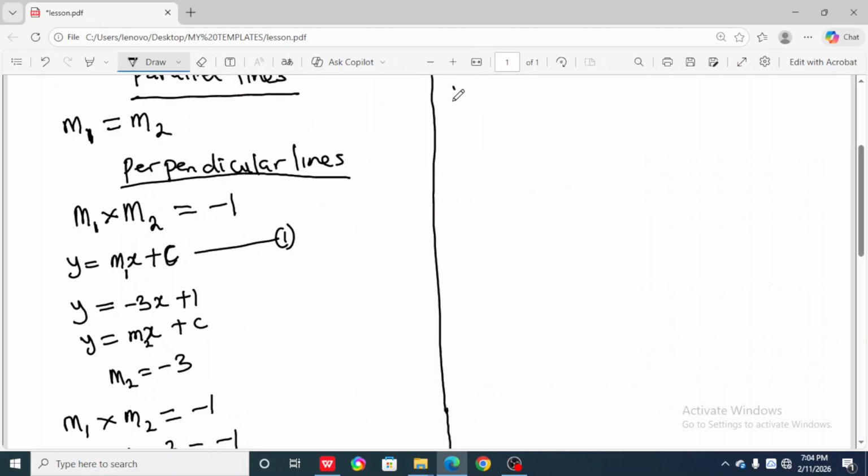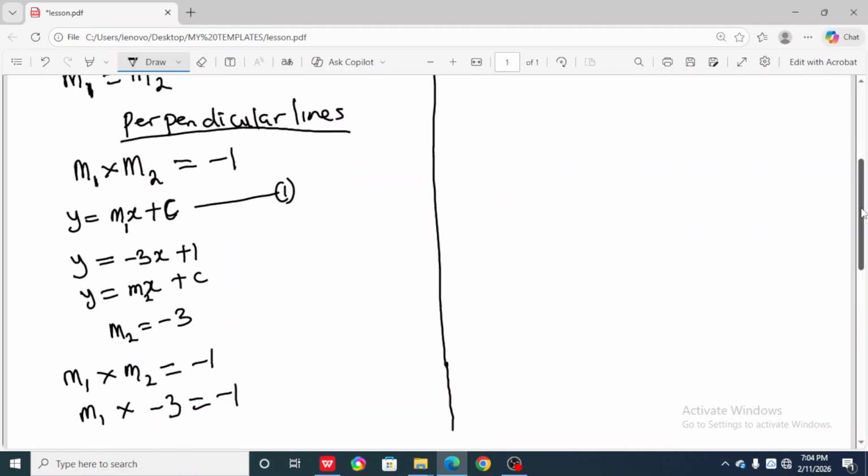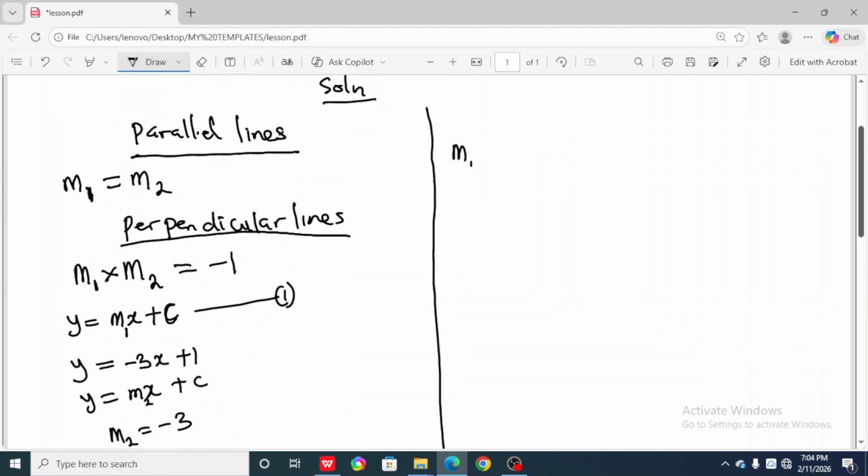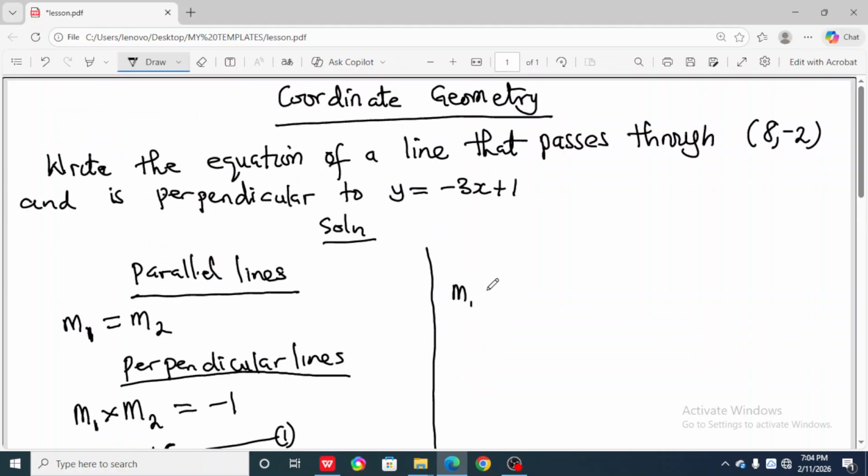If we divide both sides by minus 3, we have minus 1 divided by minus 3, which gives us 1 over 3. That is m1. So now we have gotten m1.